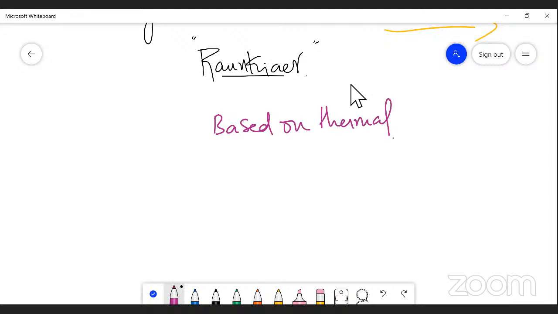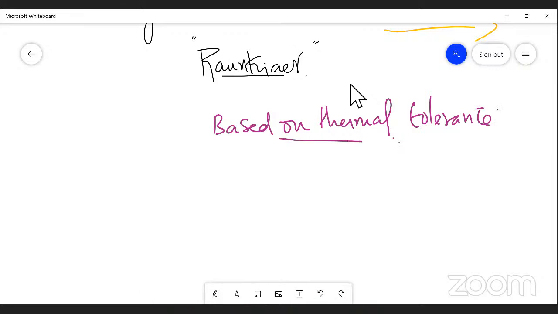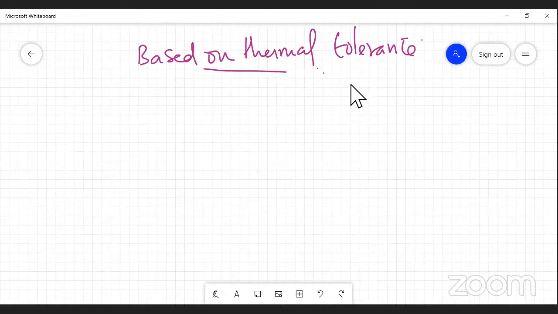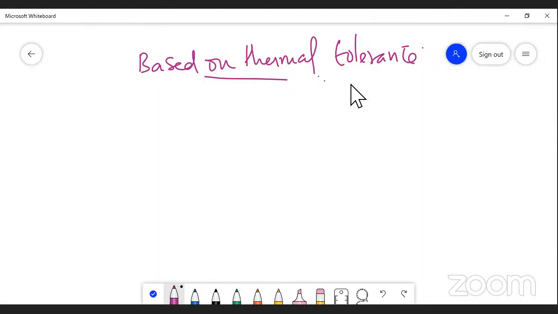Based on the thermal tolerance, the plants are classified into the following types. They are eurythermal and stenothermal.